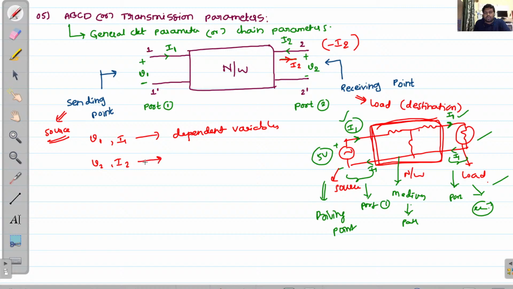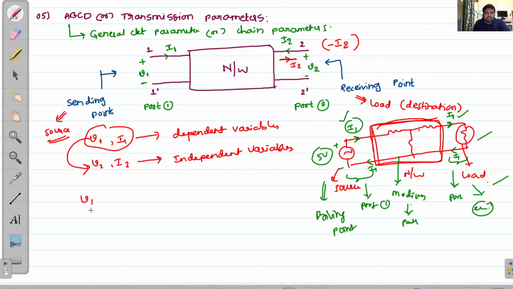That means port 2 acts as a load, so that's why we are taking V2, I2 as independent variables. The dependent variables are located on the left hand side, and these variables are functions of the independent variables.